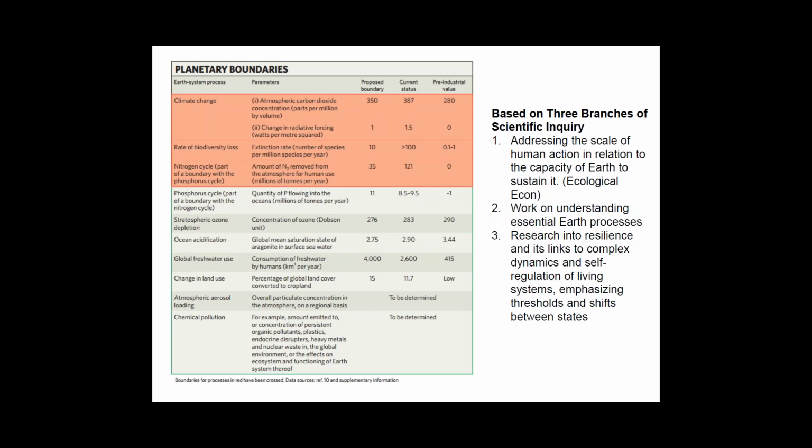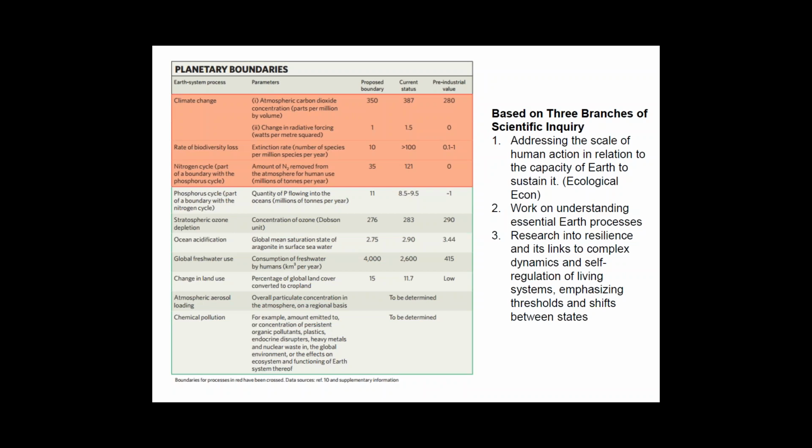They're also working on understanding the essential Earth processes. So like I said, these things are complicated. Understanding how the nitrogen cycle works is complicated in and of itself, not to mention trying to figure out what the limits are and how much humans are contributing to it. And so they're also doing research into resilience. Resilience means how well a system is able to bounce back from some sort of external force or shock.